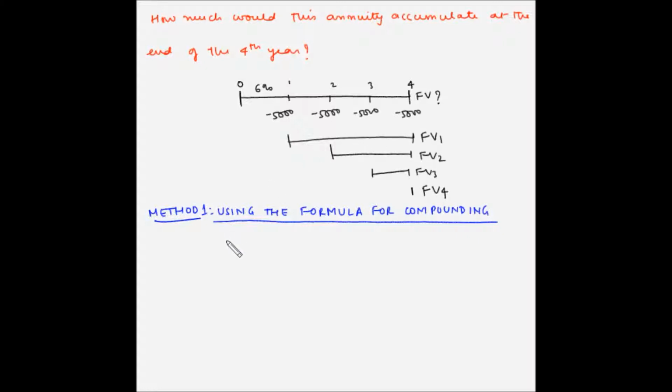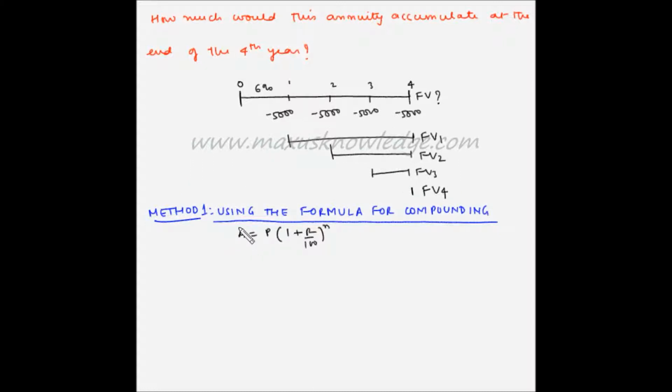Now the formula for compound interest, as we know from the basic understanding, is A = P × (1 + R/100)^n. n is the number of compounding periods, R is the rate of interest per compounding period, P is the principal amount, and A is the amount received at the end of n periods.